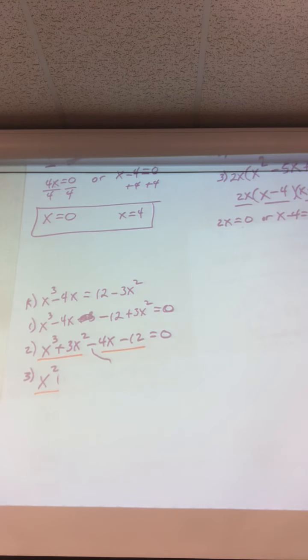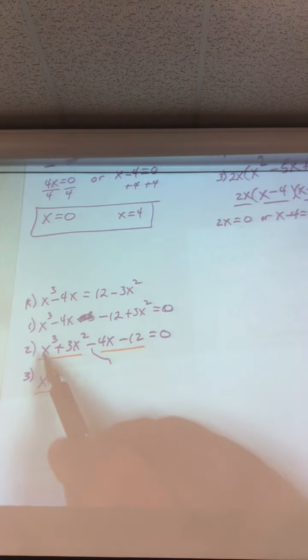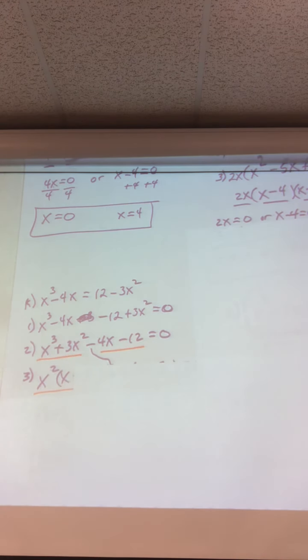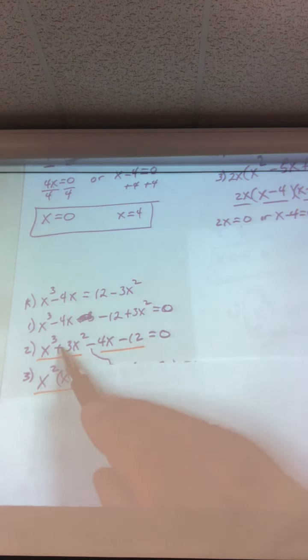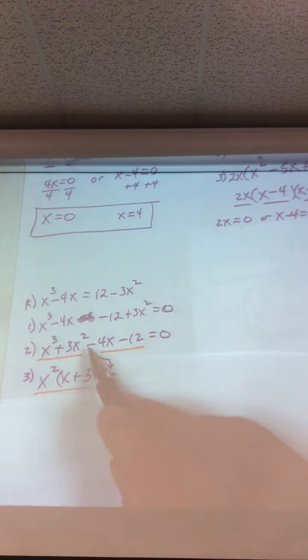Well, it's x squared, because the x squared goes into both of these. So I take the x squared out. Now, x squared into x cubed leaves x, and then x squared into 3x squared is plus 3. Close your parentheses. Minus. Now, why is there a minus here? Because that's a minus in between these 2 groups.